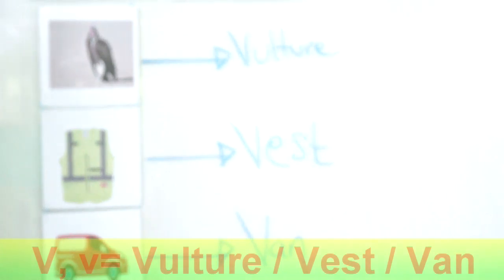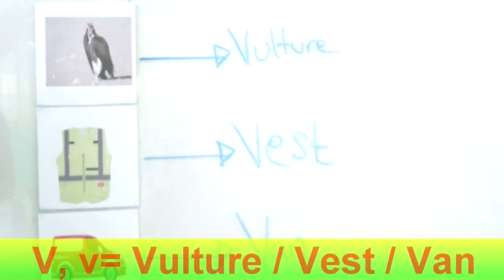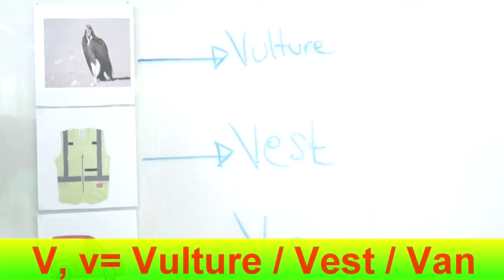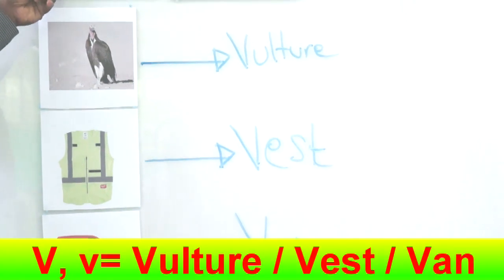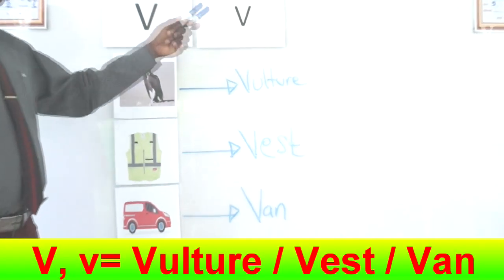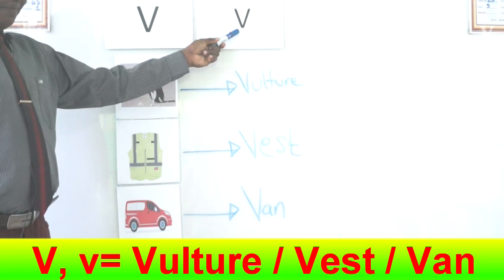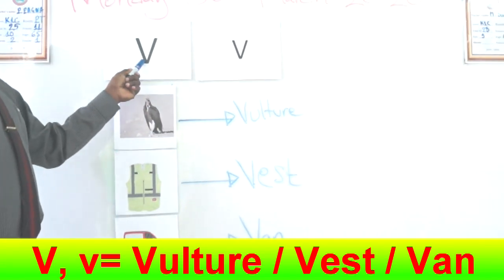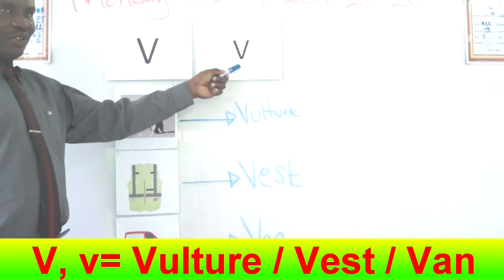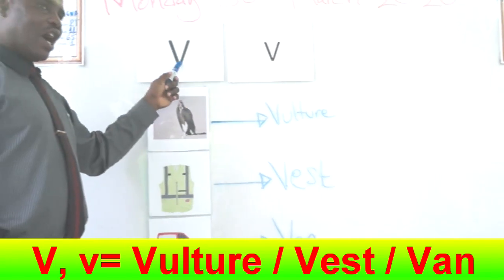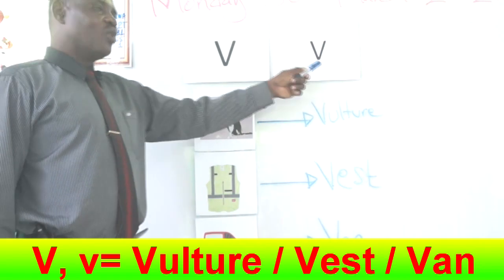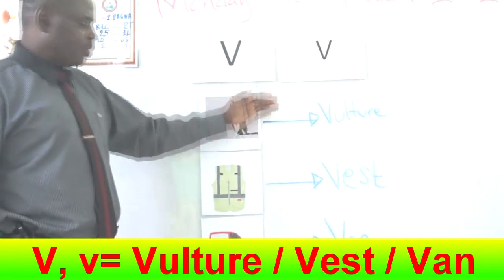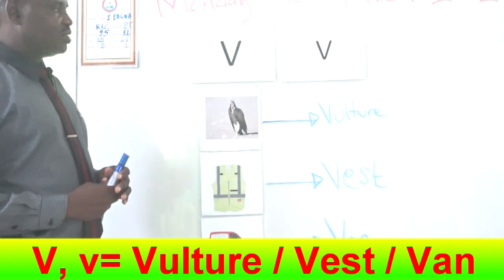So we should always remember that this is uppercase V, lowercase v. In other words, it can be called capital V or small v. Now let us practice the sound again.